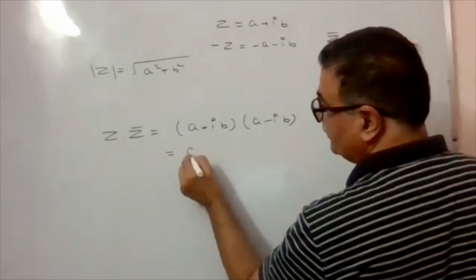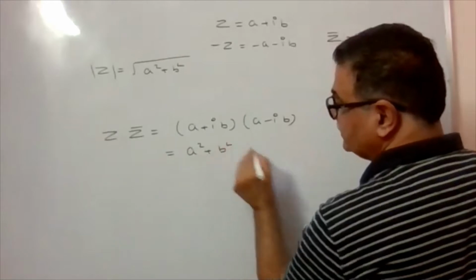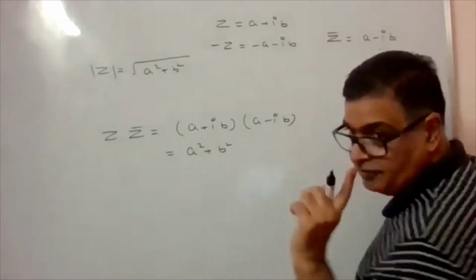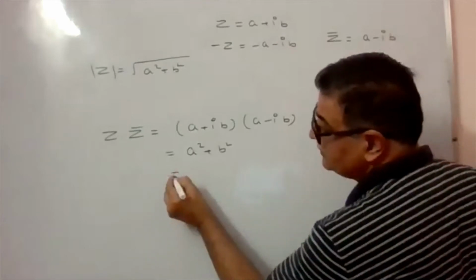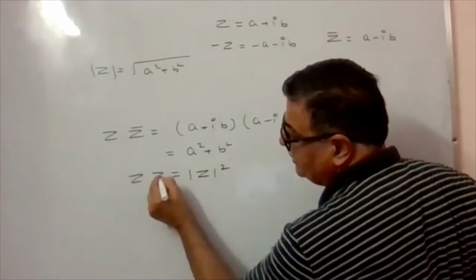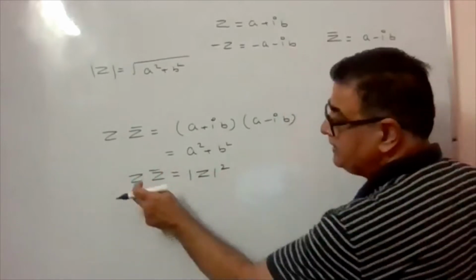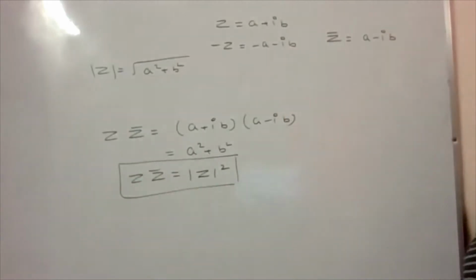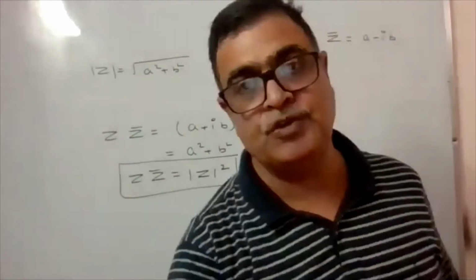Now when you solve it, it will come out to be a² + b². And this is nothing but modulus of z square. So keep in mind z into z bar: a complex number multiplied with its conjugate gives modulus of z square. This is another property we should remember.